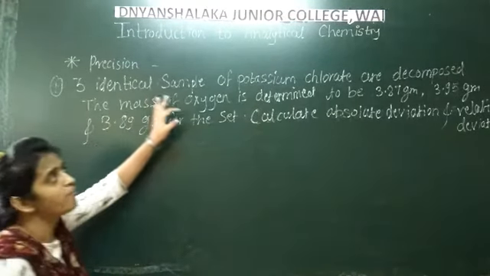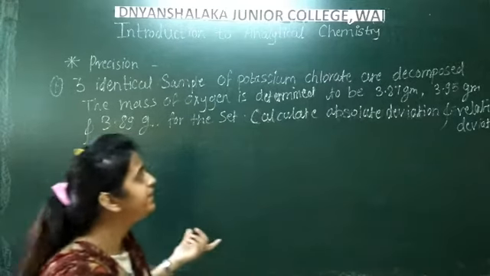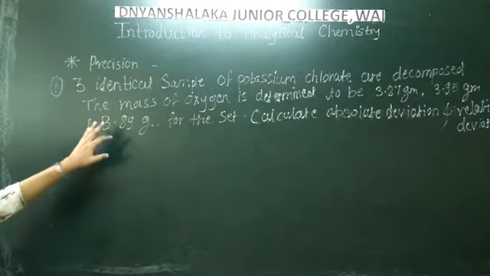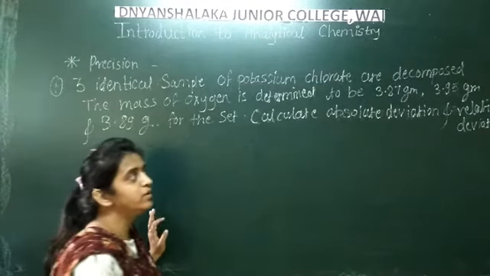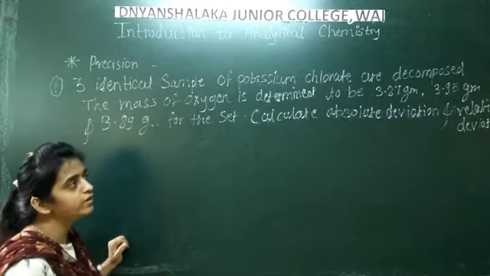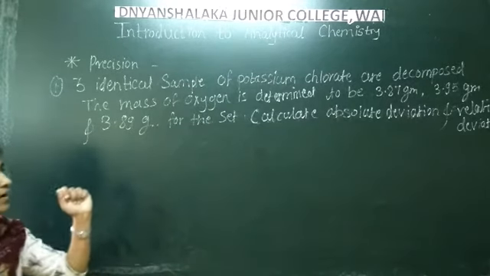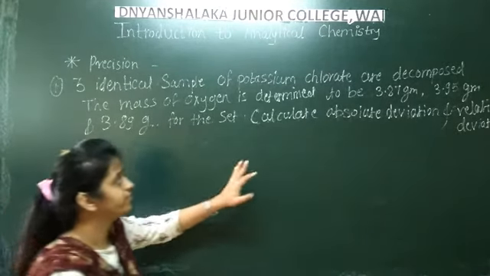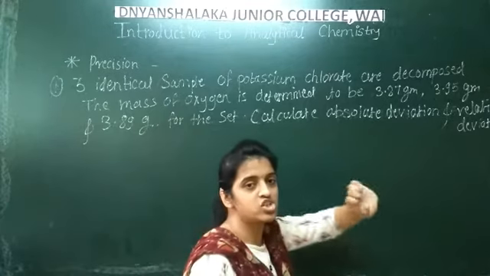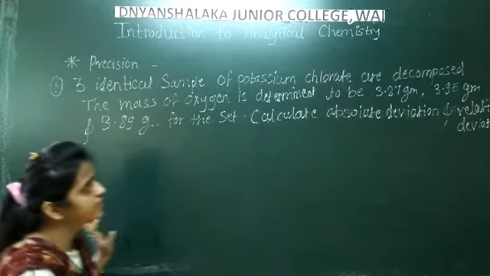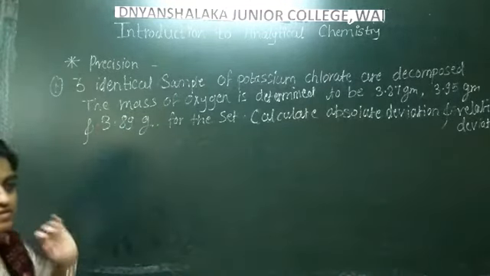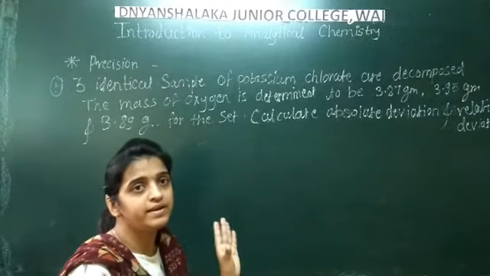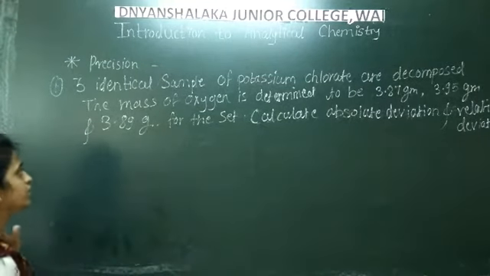Three identical samples of potassium chloride are decomposed. The mass of oxygen is determined to be 3.87 gram, 3.95 gram and 3.80 gram. For the set, calculate the absolute deviation and relative deviation. This example is based on precision.